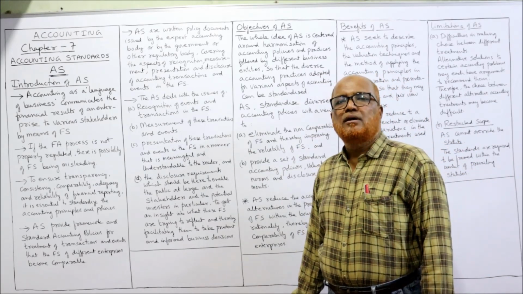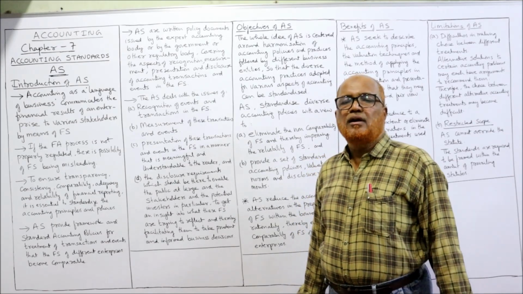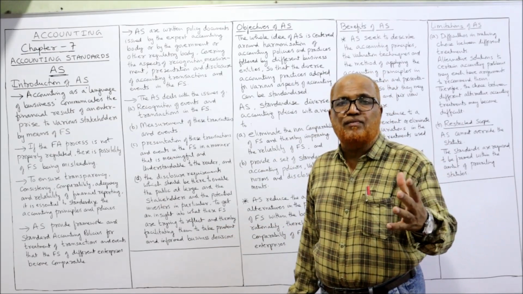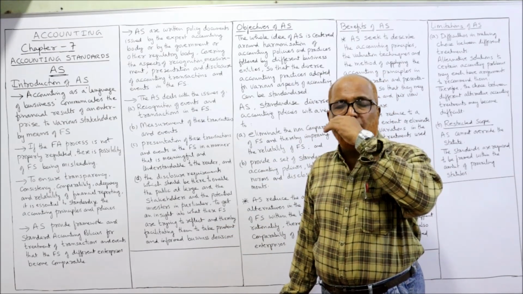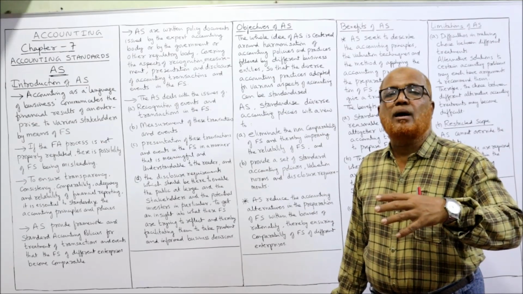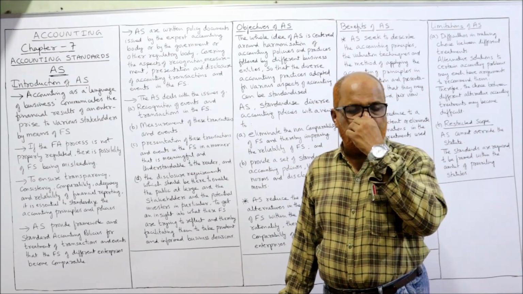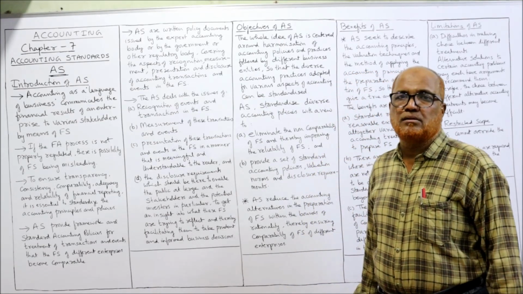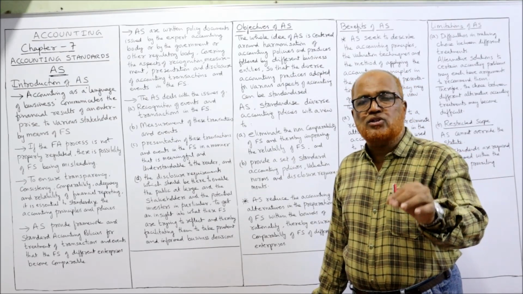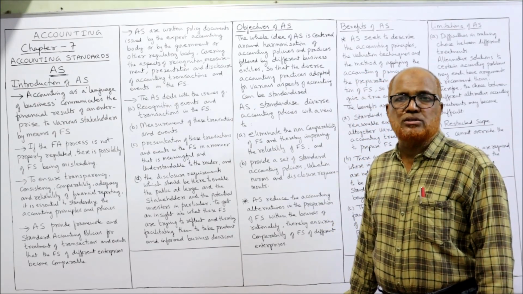That means, when we give the information in financial statements, it should communicate to the public at large, or specifically to the stakeholders and potential investors. They must know what the enterprise is conveying through the financial statements, because by seeing that information, they have to take informed, rational decisions.